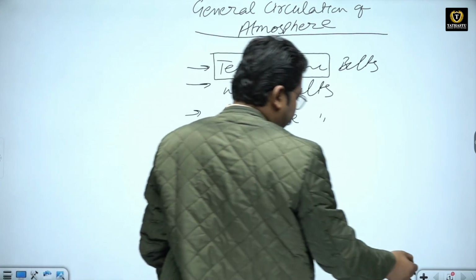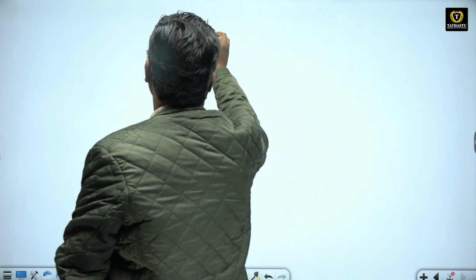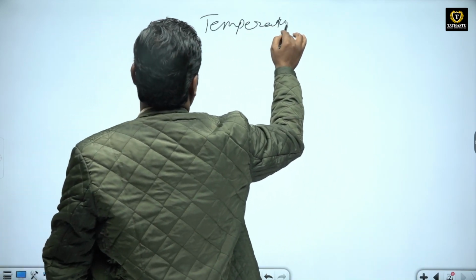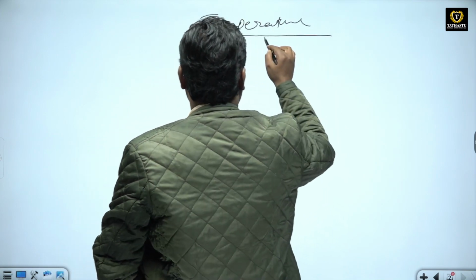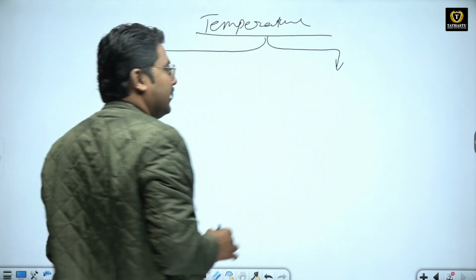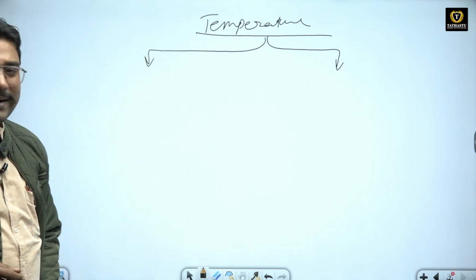So basically, if we talk about temperature, the temperature on earth is noticed in two patterns.